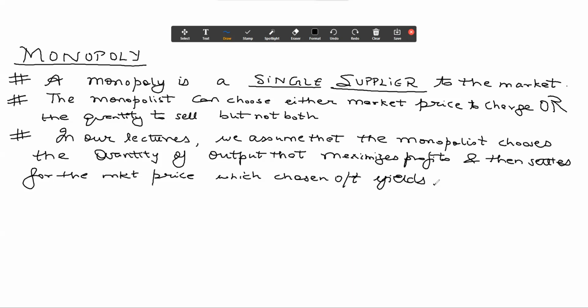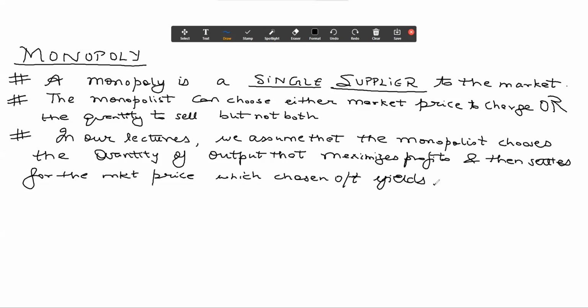So in our analysis, quantity is a free variable and price will be a function of the quantity. Monopolist will decide how much quantity to produce based on profit maximization, and once we decide that, we will find out the market price.